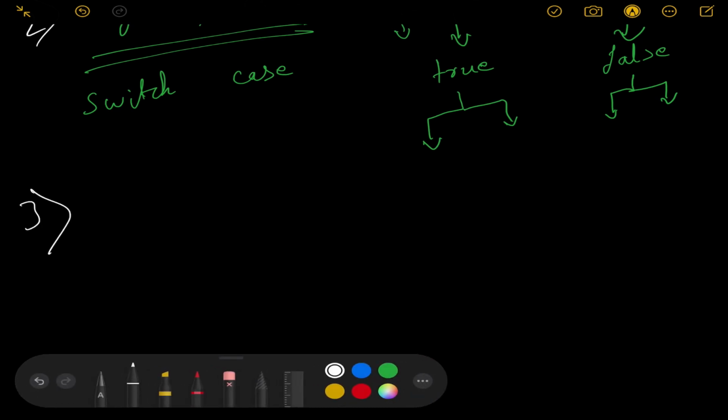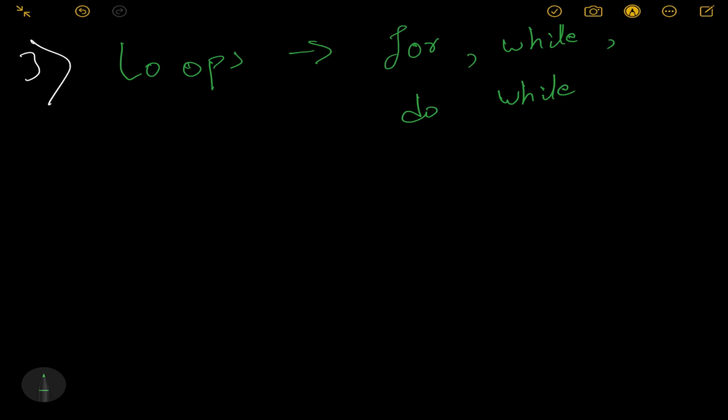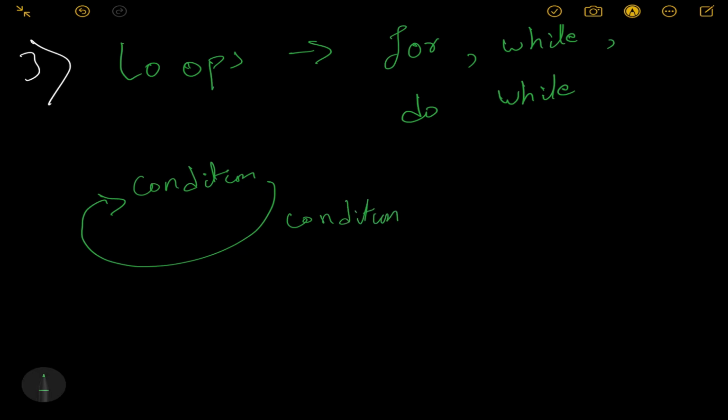Now coming to our third concept, that is loops. Loops involve the for loop, the while loop, and also the do while loop. In these, what you need to understand is that when a certain condition is met, the flow will keep repeating, and there should be some condition that you are changing.